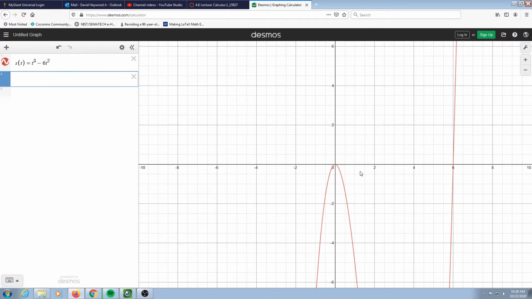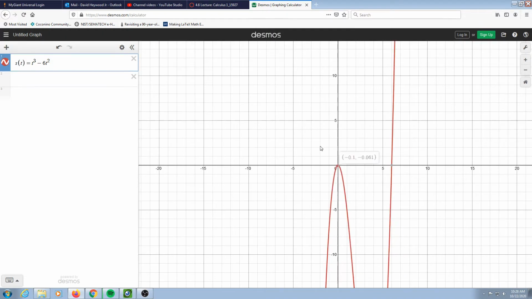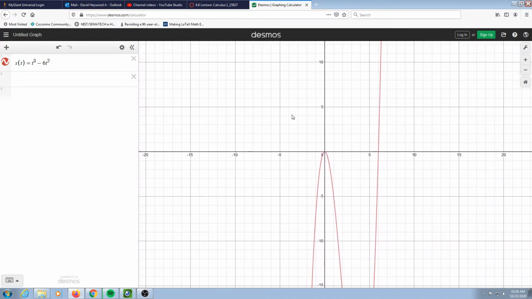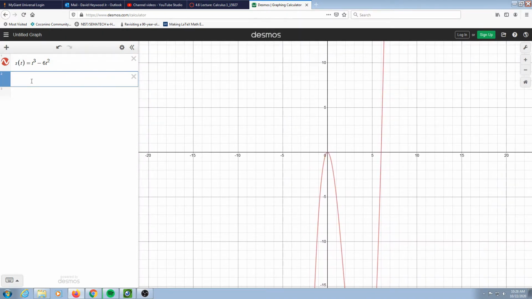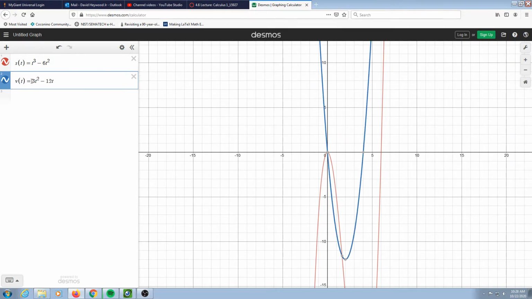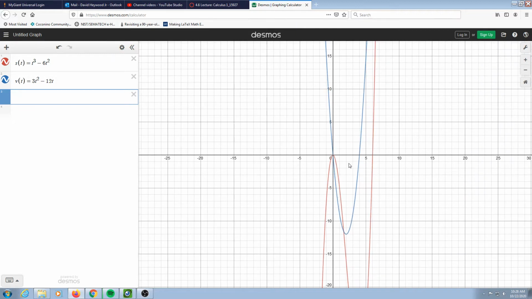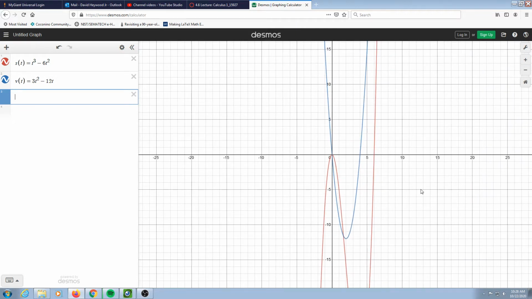Okay, so there's the position function. I'm going to zoom out a little. Ooh, that dips down really low, doesn't it? Okay, and then the velocity function. So that's what the velocity function looks like.